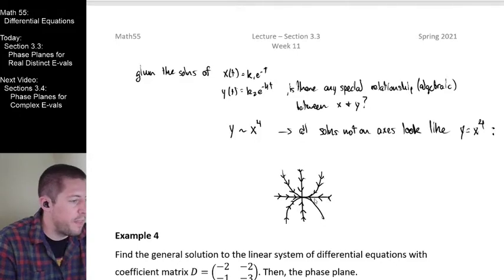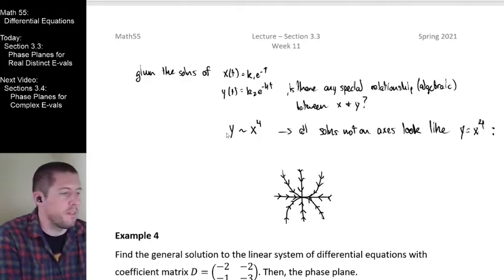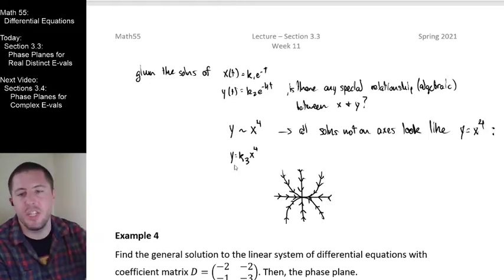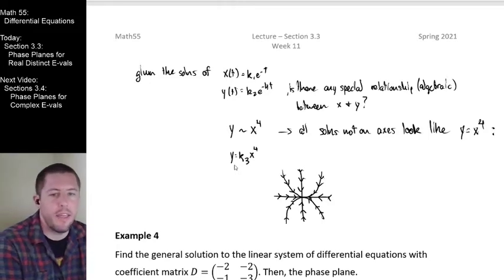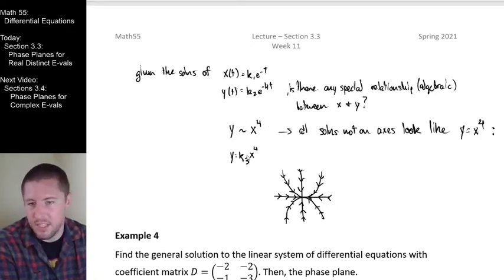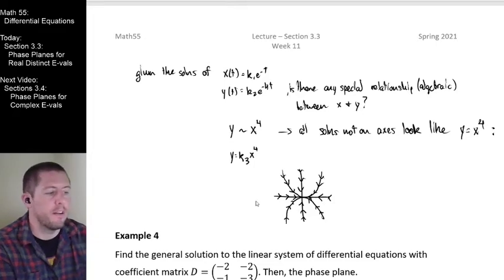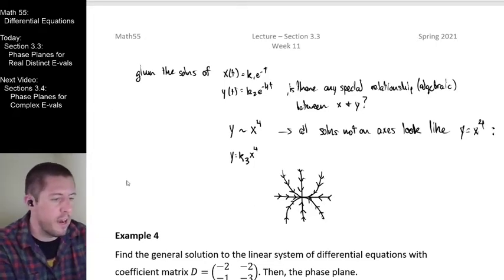But I feel pretty good that all of our other solutions are going to look like x to the fourth, right? So maybe I would say y equals k3 x to the fourth, some ratio out there. I would say that y is proportional to x to the fourth, with a constant of proportionality. So it looks like this would be our good final generic phase plane right here.